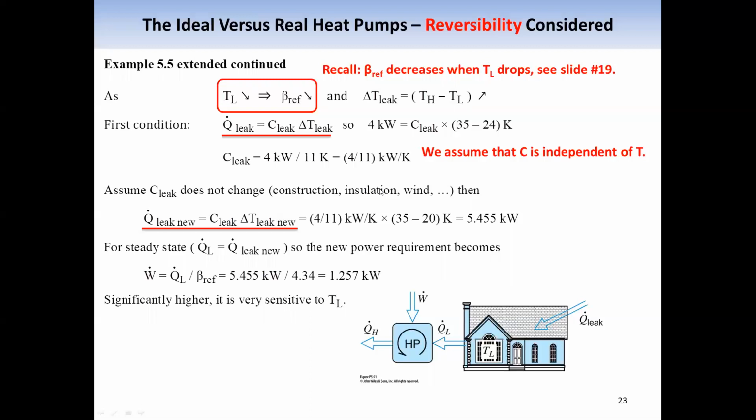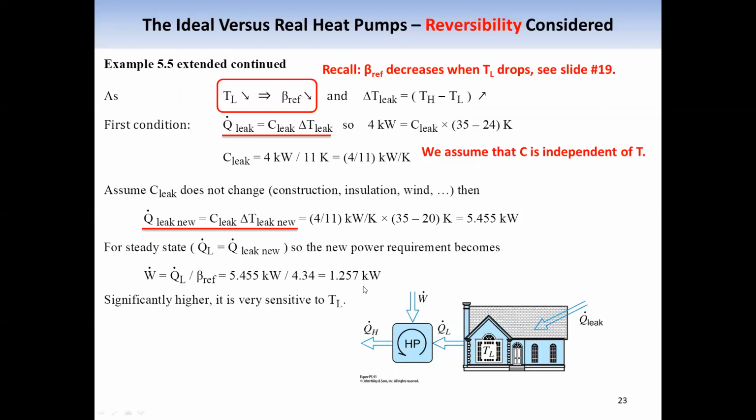Then if the constant is obtained, we can estimate the QL dot term based on the constant. Once this QL dot term is estimated, we can estimate the work required for this compressor.